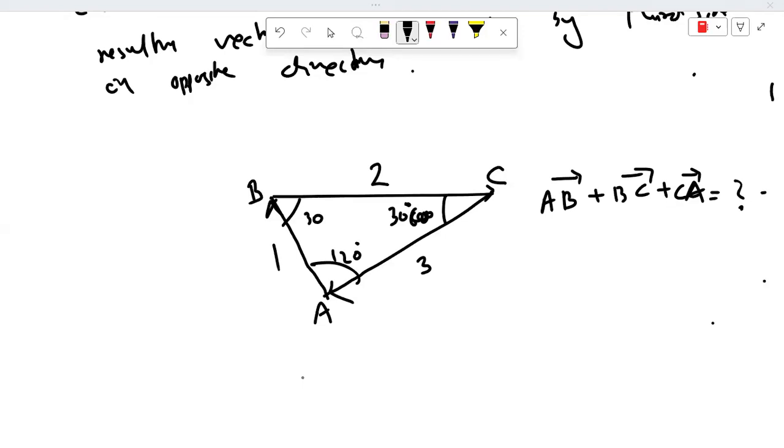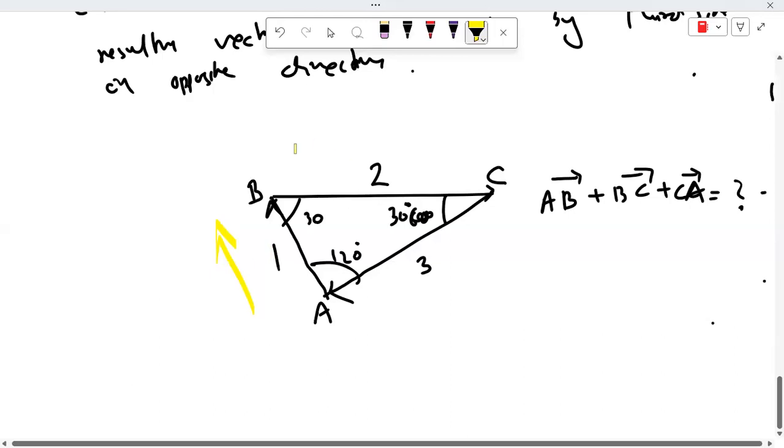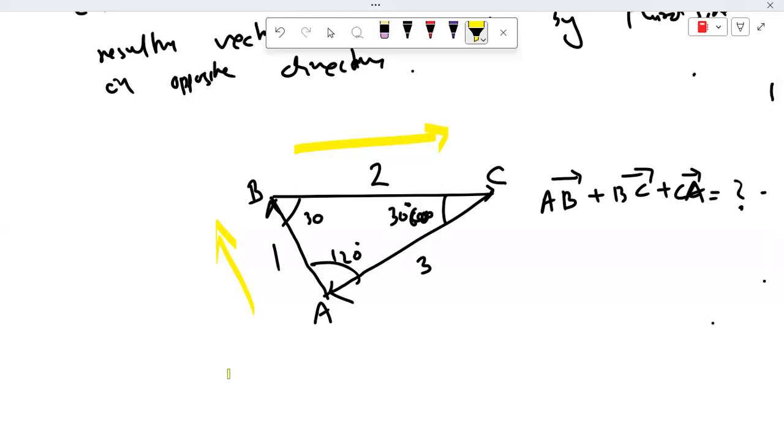So will it be equal to 0? Yes, very good, absolutely correct. You can take this vector, which is AB and BC. They are in the same direction and two sides of the triangle.